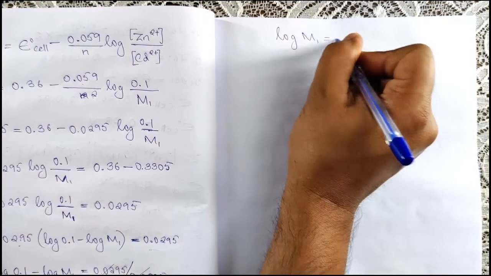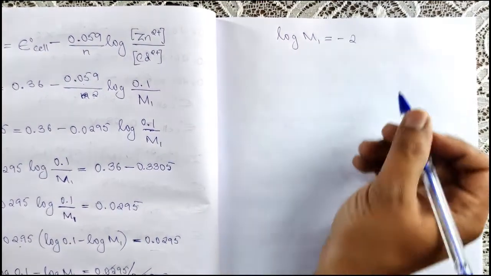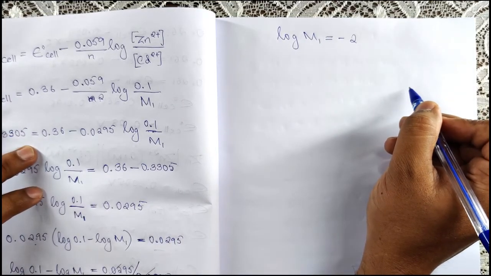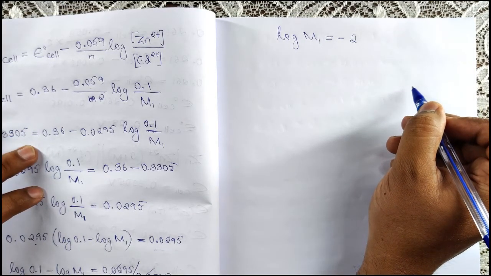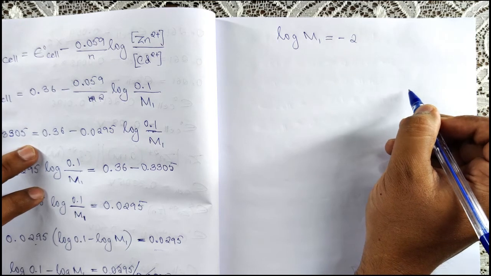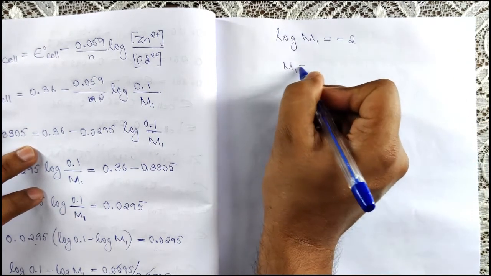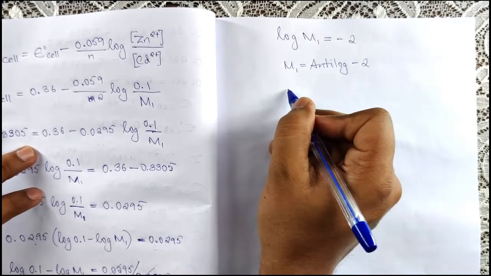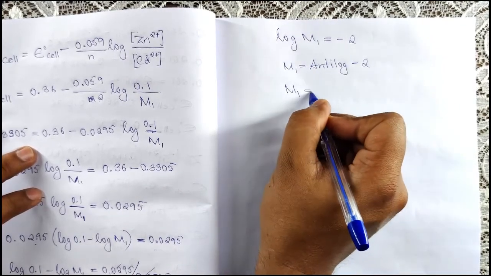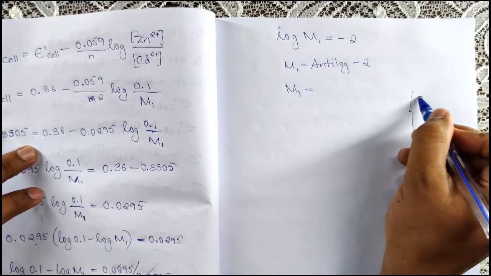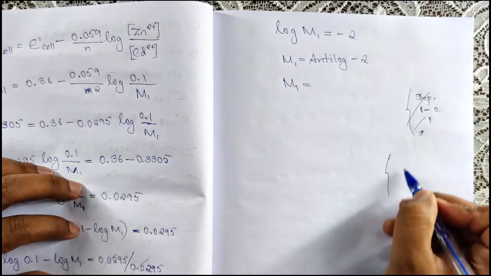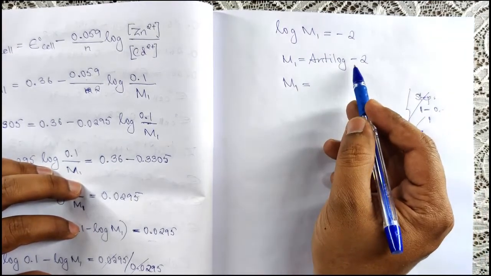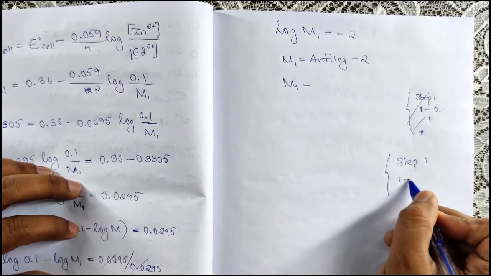So I can write here log M1 is equal to minus 2. I will move the sign that side. So whenever it is negative, antilog, we need to do step 1 and step 2. So M1 will be antilog of minus 2. So in step 1, since it is negative, I need to convert it into positive.